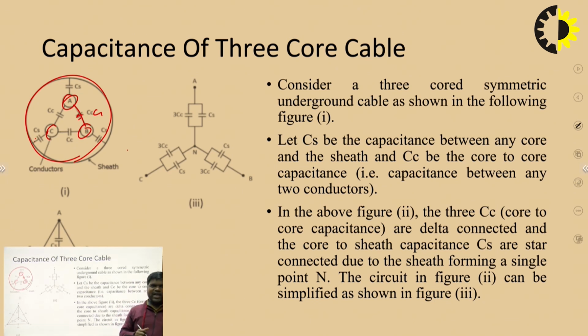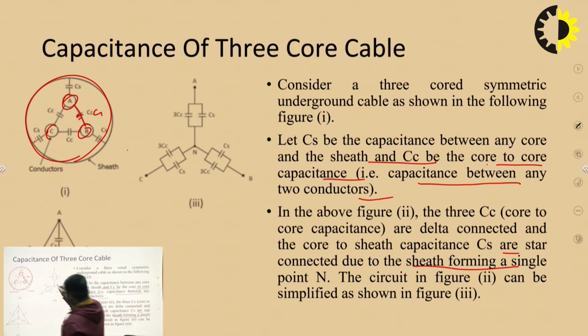The first one is the capacitance between any core and the sheath, CS, and CC is the core capacitance, that is the capacitance between any 2 conductors. In the second figure, the 3 CC is core to core capacitance and delta connected, and the core sheath capacitance CS are star connected to the sheath, forming a single point which is the neutral point.